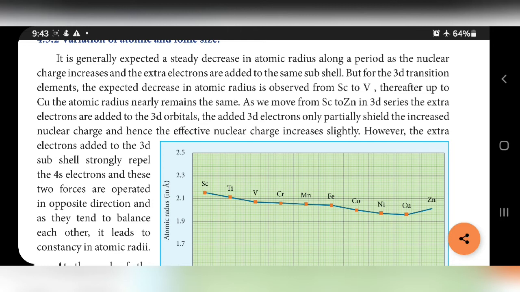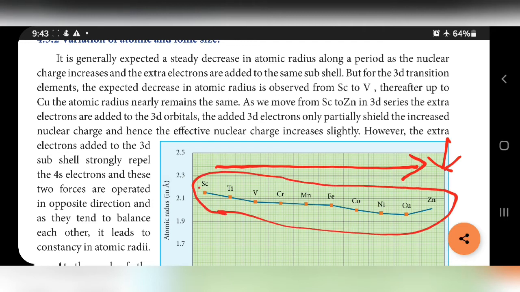Generally, as per the theory, if you are moving from left to right in the periodic table, size decreases, but here in 3d transition elements, it decreases from scandium to vanadium only, and from vanadium to copper it is almost the same. Almost the same means the radius is constant.